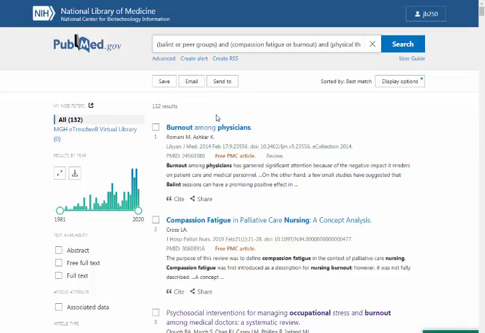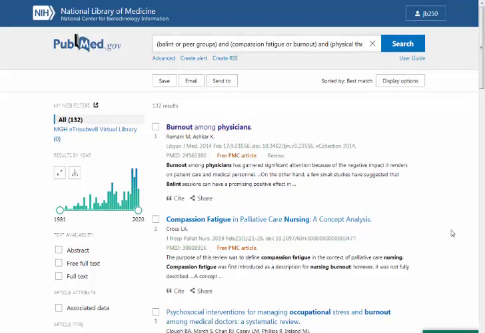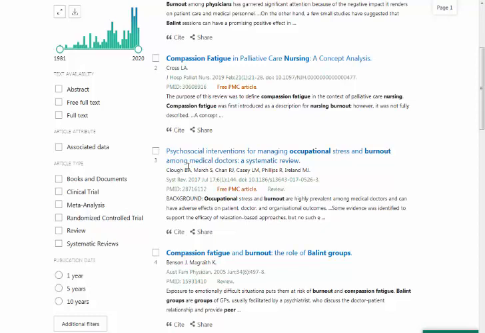But what happens if you don't know of any alternate terms? Well, you may need to go mining for them by skimming through the citations and abstracts in your results. For example, if we scroll down and take a look at this third article, Psychosocial Interventions for Managing Occupational Stress and Burnout Among Medical Doctors, I can already see the term occupational stress, which is one we might consider adding.